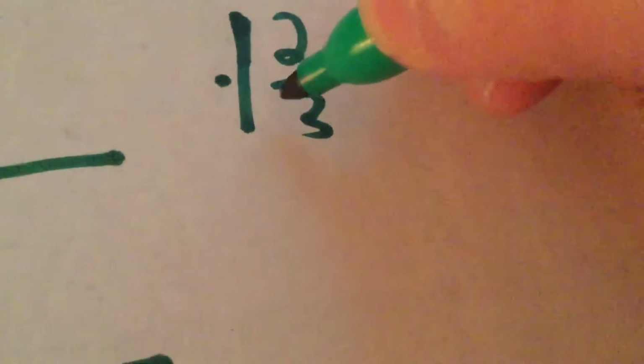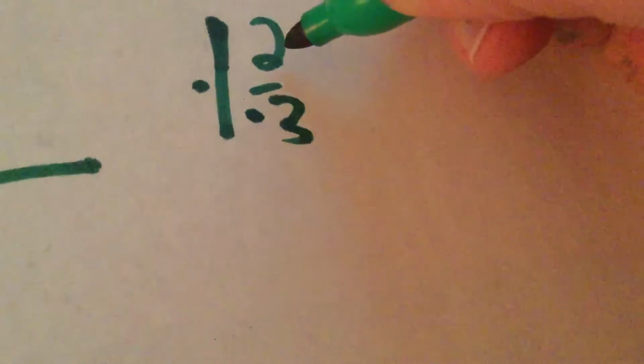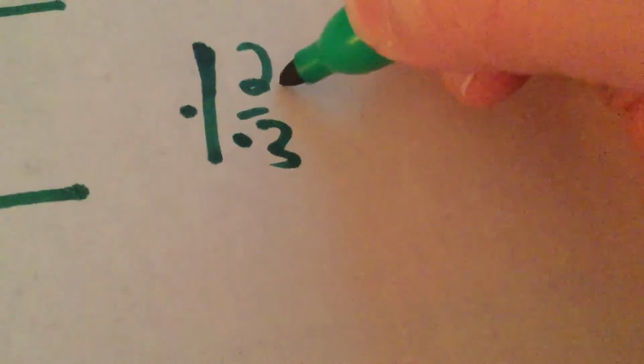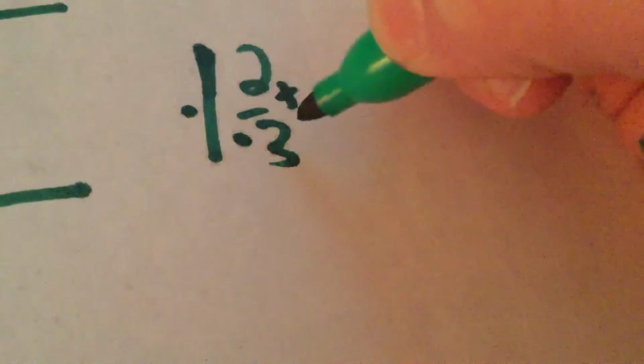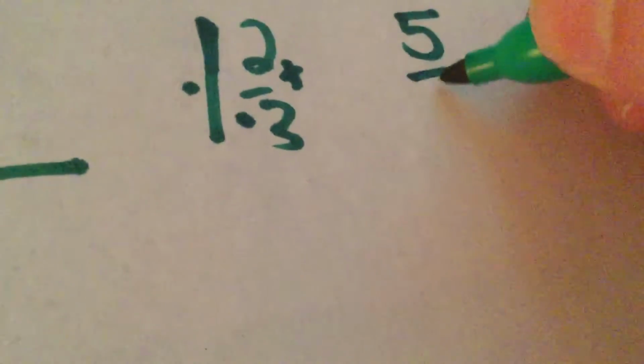What we do is we do the number in front times the denominator. So 1 times 3 is 3, and then we add the numerator: 3 plus 2 is 5. And then we keep the same denominator, which is thirds.